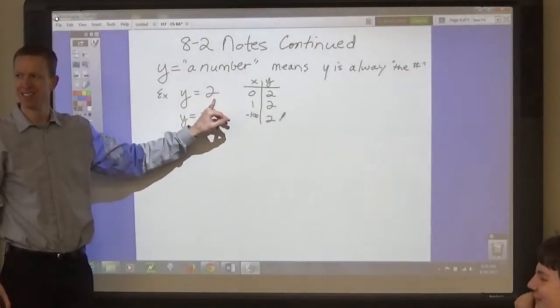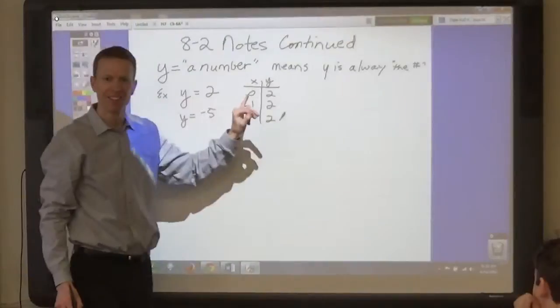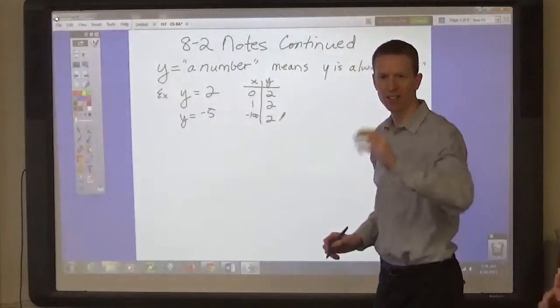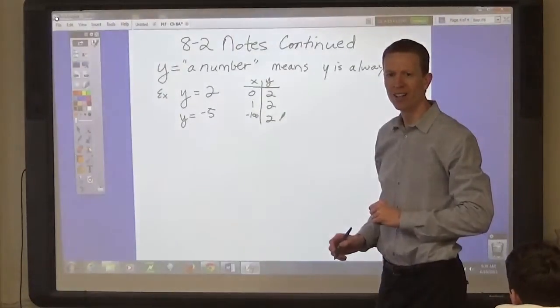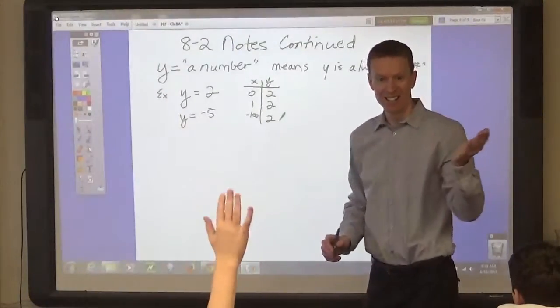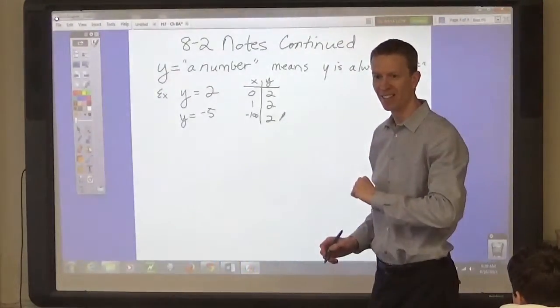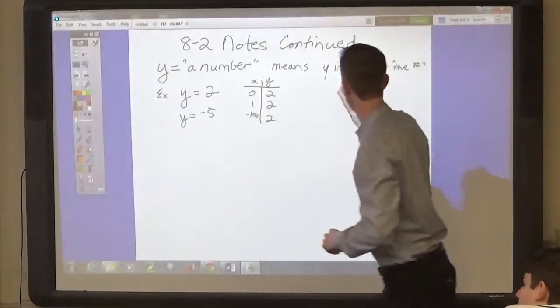Okay? So what would that graph look like? What would these points give you? What would they look like? It would just be like a straight line. A straight line, how? Describe the line. John. It would be so it'd be the 0, the 1, and then way over to the left.